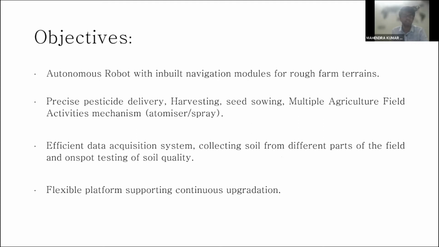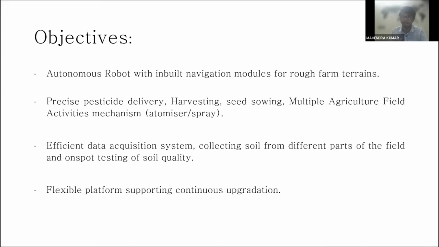Precision pesticide delivery, harvesting and seed sowing, and multiple agriculture field activities mechanism. We want to make our platform as robust as possible, in which we can include as many things. One of the main things was the precise pesticide delivery system for our robot.